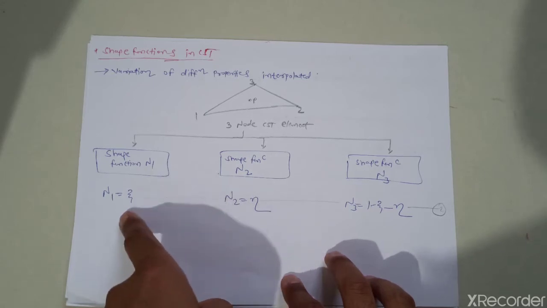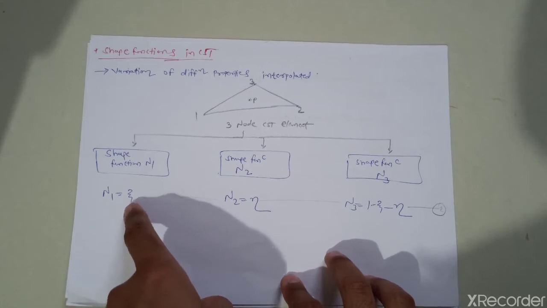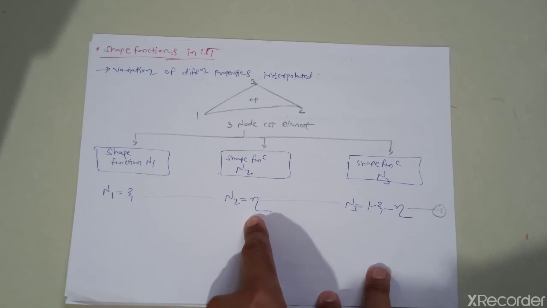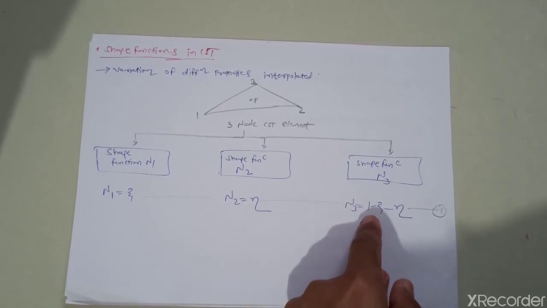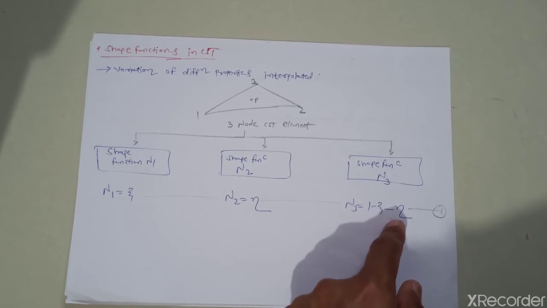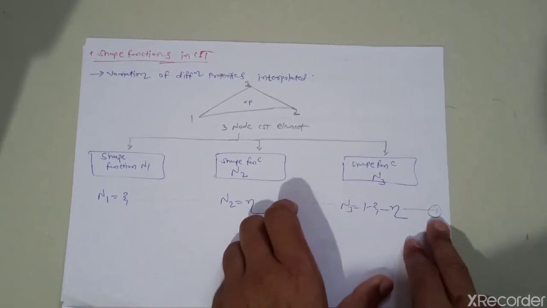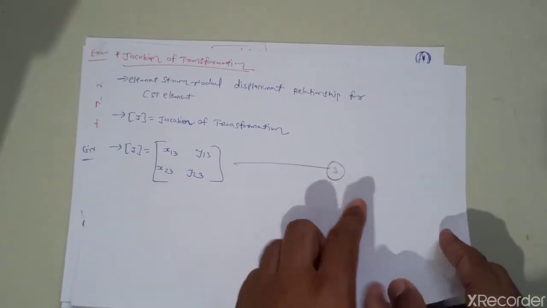Shape function n1 is equal to zeta, shape function n2 is equal to eta, and shape function n3 is equal to 1 minus zeta minus eta. This is our equation 2, and the Jacobian transformation is our equation number 3.